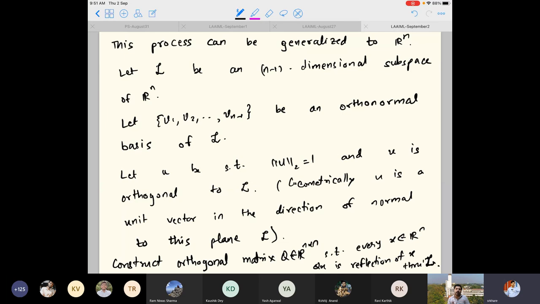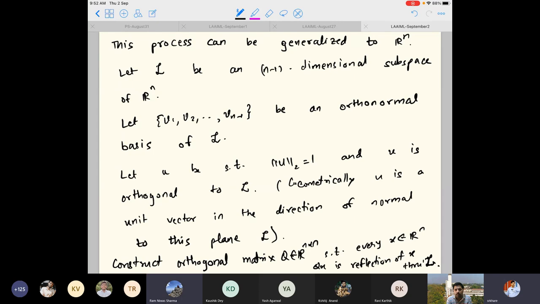Okay, so for every x in Rn, Qx is the reflection of x through L. So I think you can construct this. So can somebody summarize what will be done here?